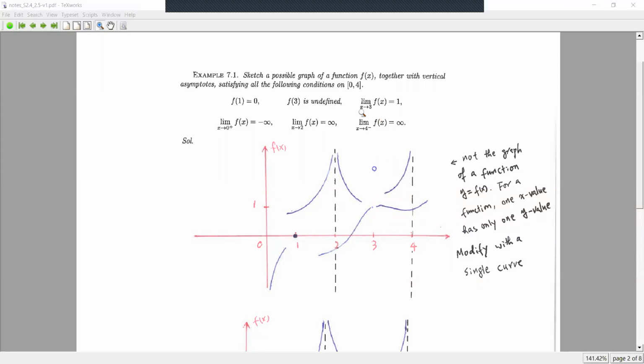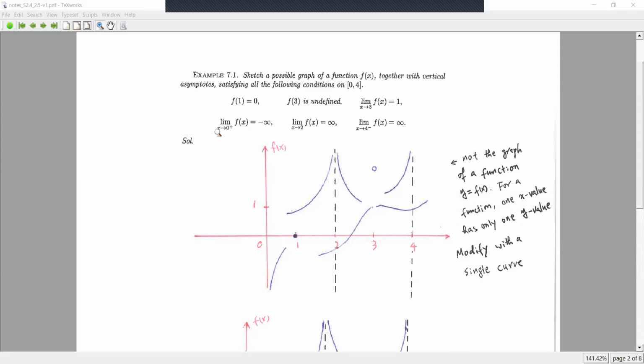Condition 3. As x approaches the number 3 from both sides, the function approaches 1. Suppose this height is 1. As x approaches 3, either from the left or from the right, the graph approaches 1.